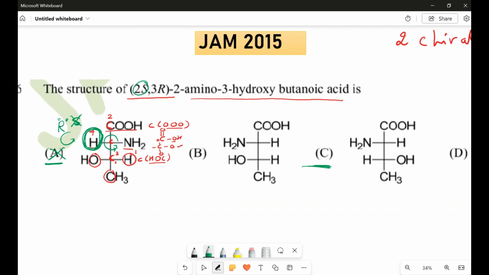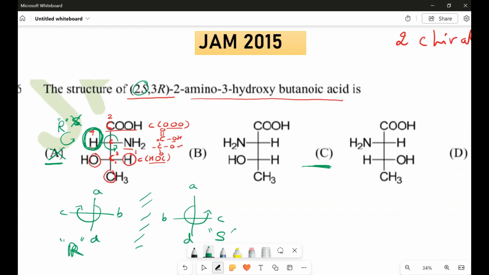We should know that if I have an isomer and its mirror image is there, a compound and its mirror image will have opposite configurations. If one enantiomer has R configuration, its mirror image, the other enantiomer, will have S configuration.